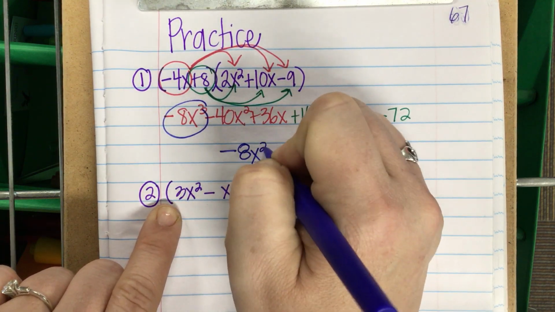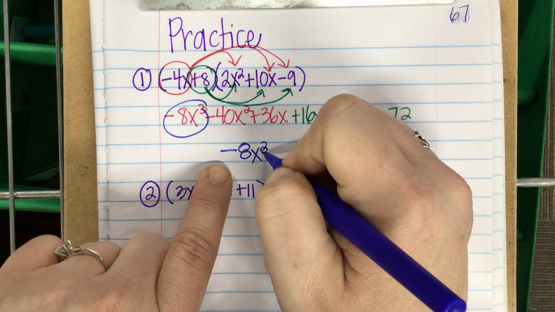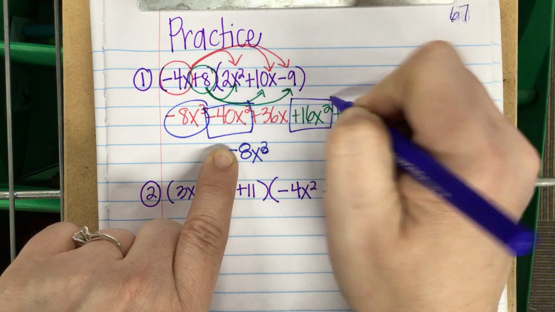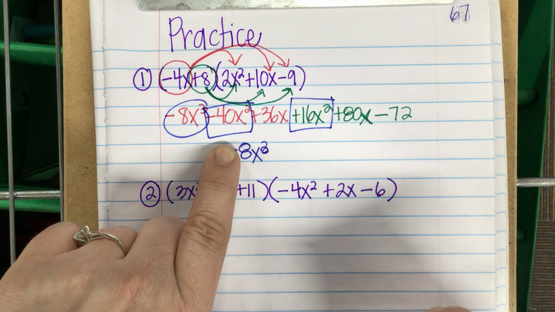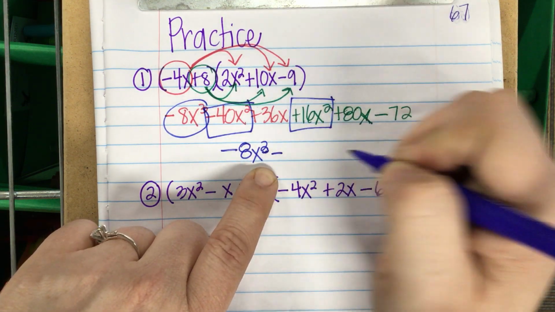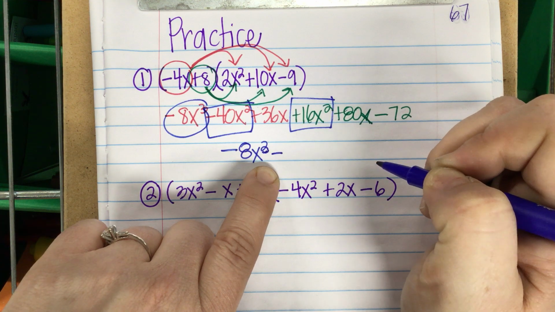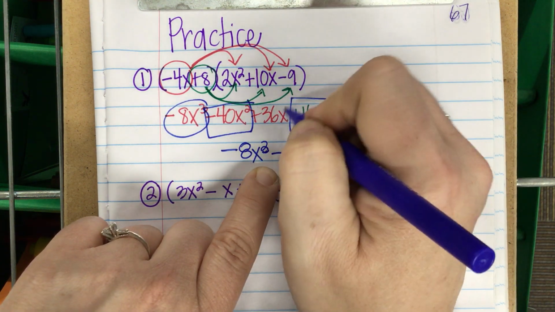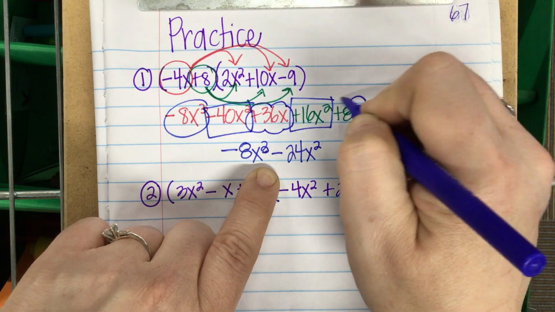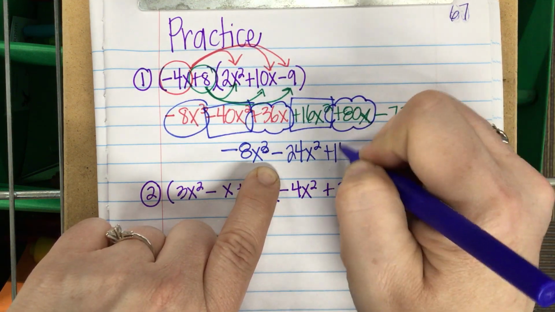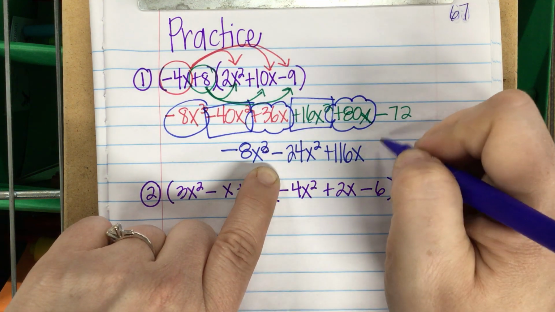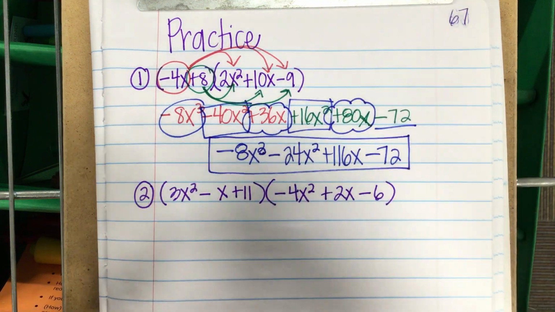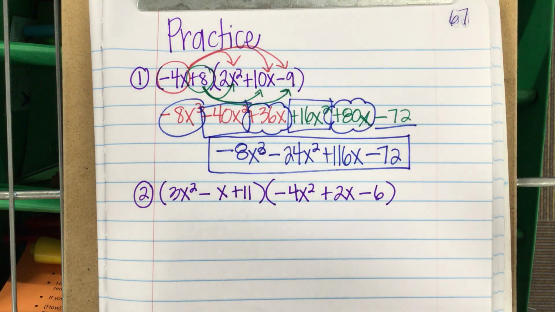Negative 8x to the third. Negative 24x squared. Plus 116x minus 72. Did I do that one right? Yeah. I did too much math.